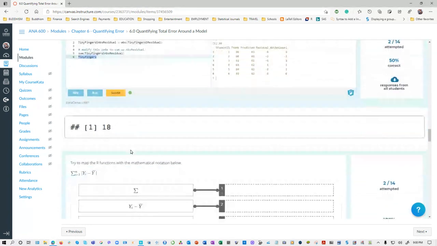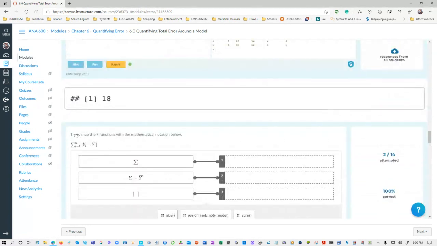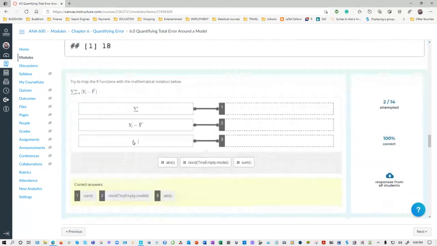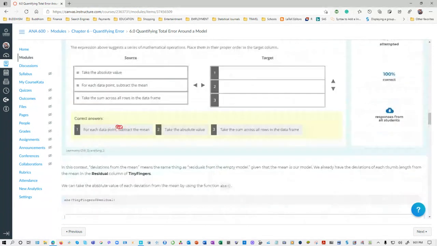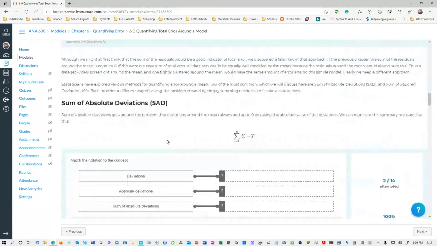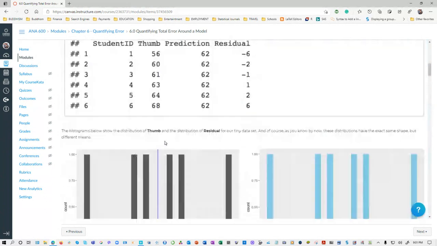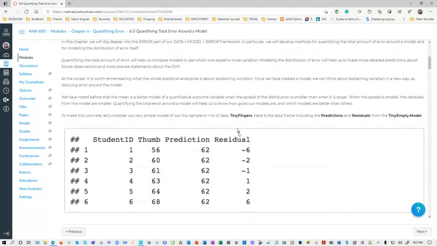Okay. Now the same thing, to try to map the R function with the mathematical notation. Sigma. R function for sigma, sum. R function for this, resid. Can you remember? If you want a residual, you can remember it's already created this residual in this data set. It's residual.